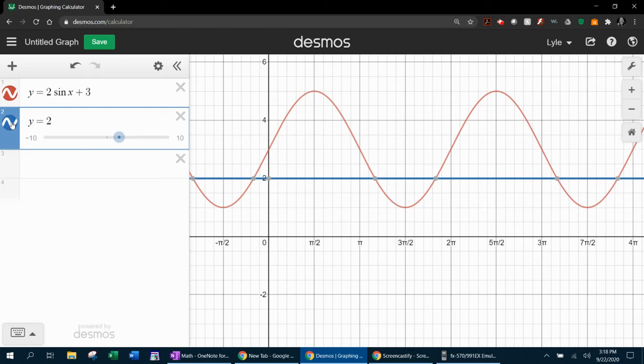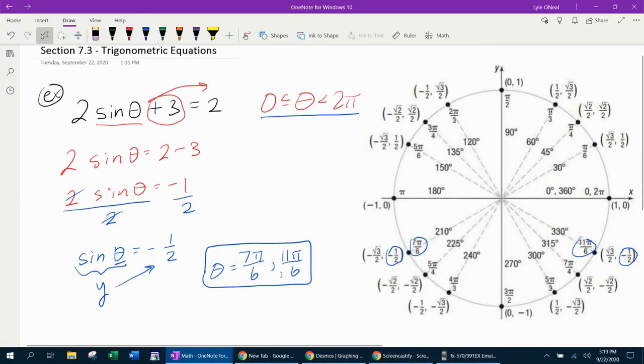Here's the right-hand side, y equals 2. And then we're looking for where the two graphs intersect from 0 to 2 pi. And you're going to see that there are only 2 points of intersection between 0 and 2 pi, and that is at 7 pi over 6 and 11 pi over 6, which verifies the solutions we came up with, okay?